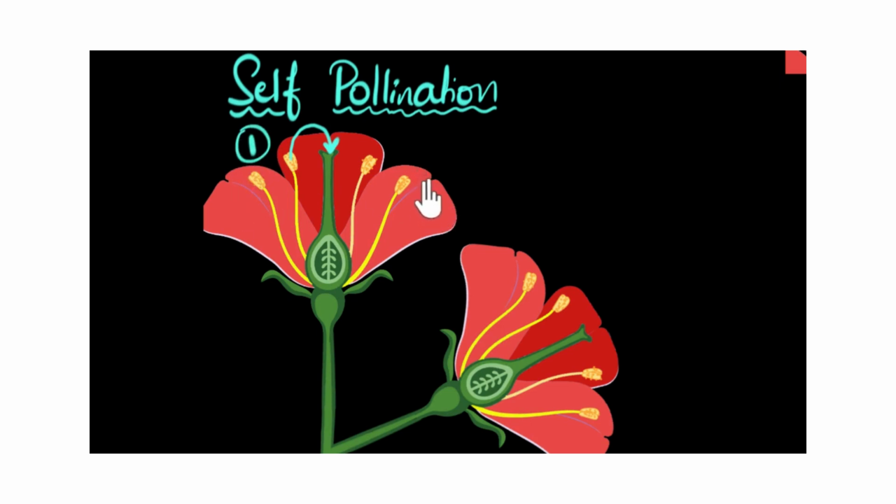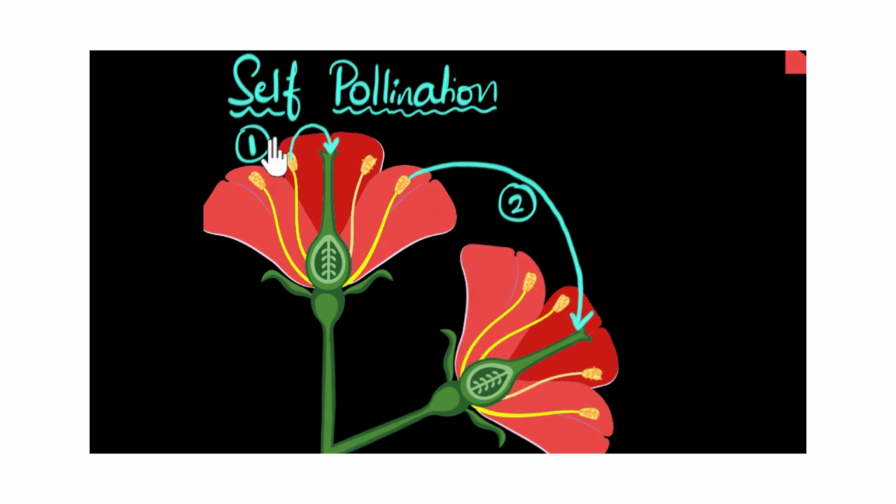But even if you have pollen grains transferred from the anther to the stigma of a different flower belonging to the same plant, I'll call this number 2, this is also self-pollination. Why? Because still the pollen grains are being transferred within the same plant. The plant is still pollinating itself. That's the whole idea behind self-pollination. So these are examples of self-pollination.